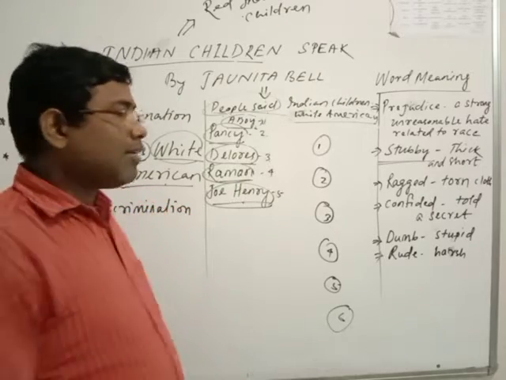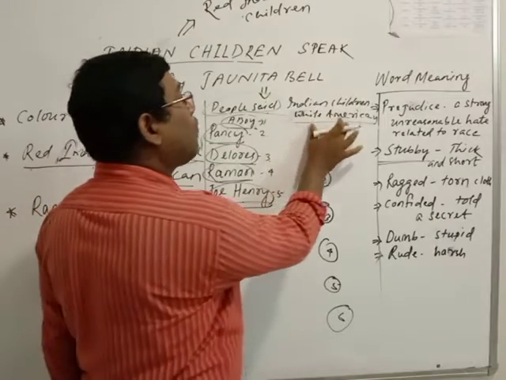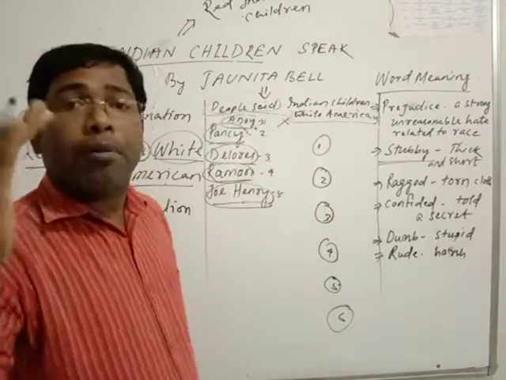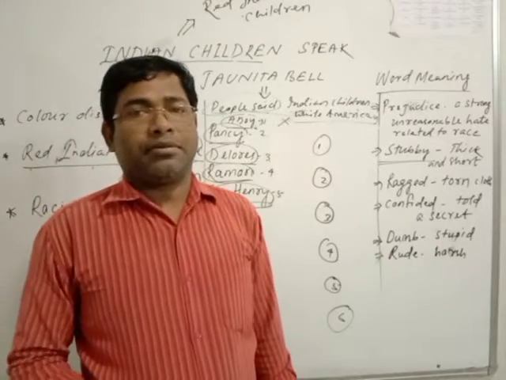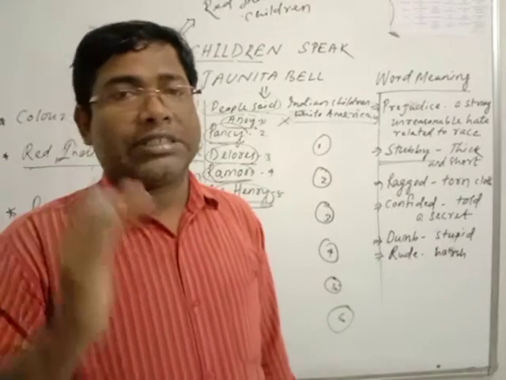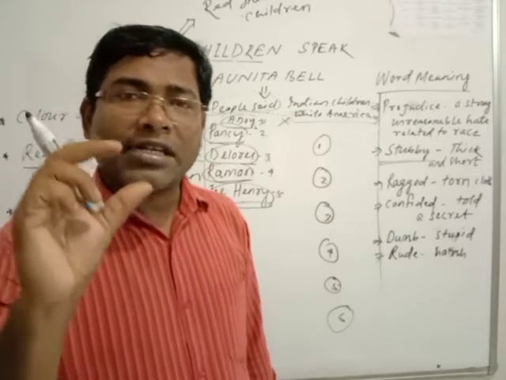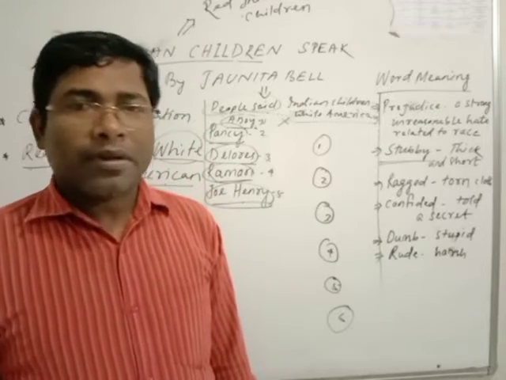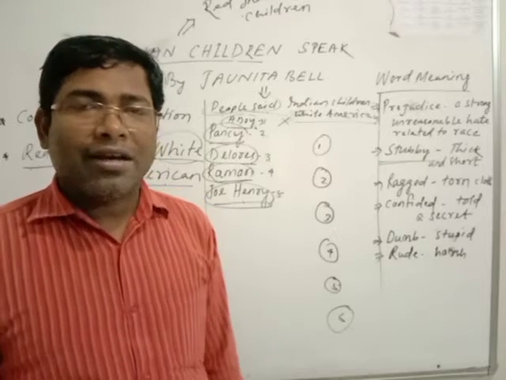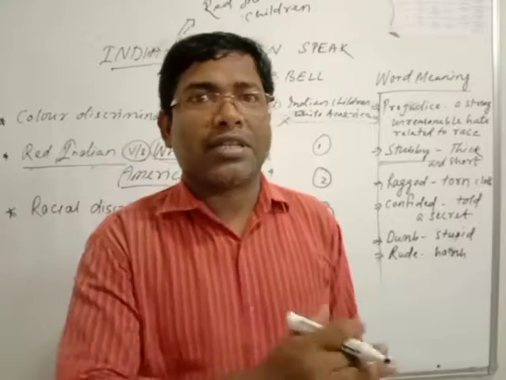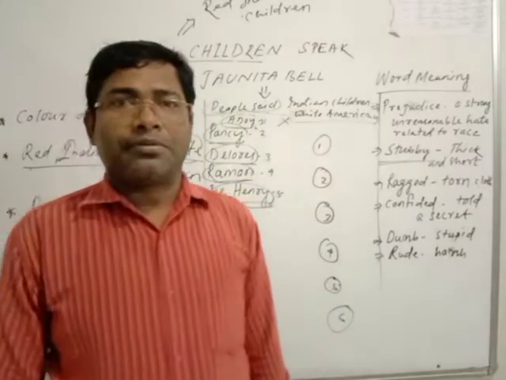So here the opinion of white American is proved wrong, proved very opposite. This is all about the first stanza. Right? Are you getting me? Or getting tired or finding it very difficult to understand what I am telling you?